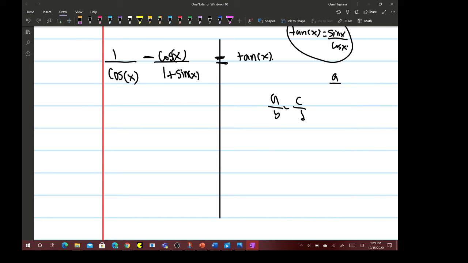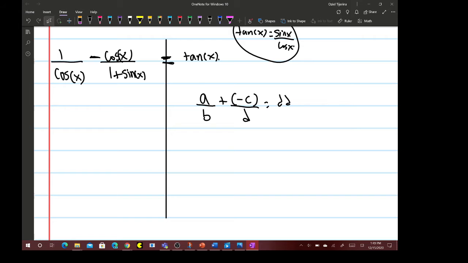The way I like to do it with subtraction, though, and if you know how to cross multiply with subtraction, that's fine, but the way I would do it is I would say a over b plus negative c over d equals ad.